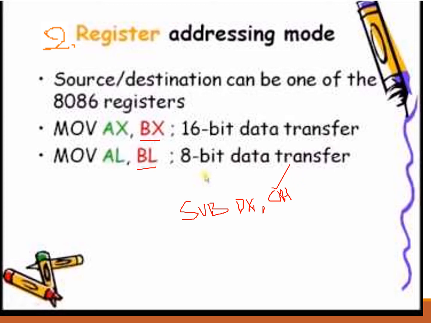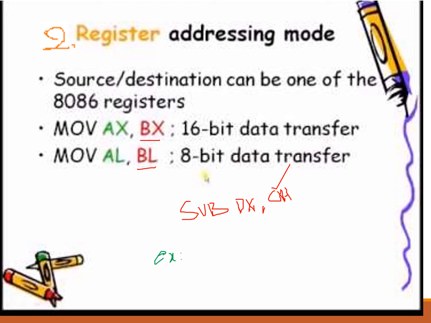Before going to the next topic, I'm giving a small exercise. Write an example of register addressing mode using any other instructions. Till now I have used move, add, and sub.